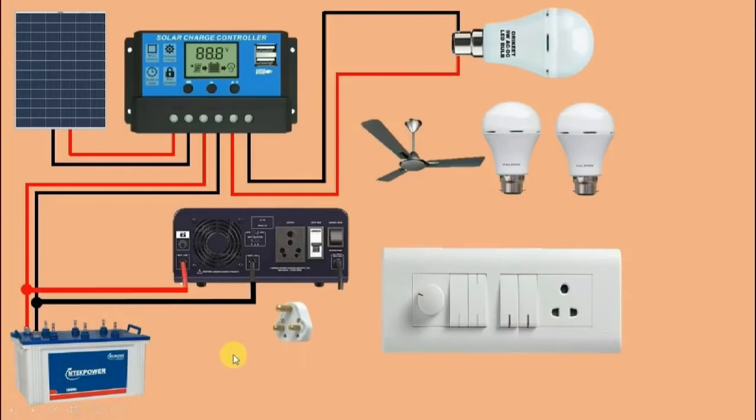So a plug is connected to the inverter outlet in order to connect the appliances through the switchboard, as you can see, where all the AC appliances will be connected.